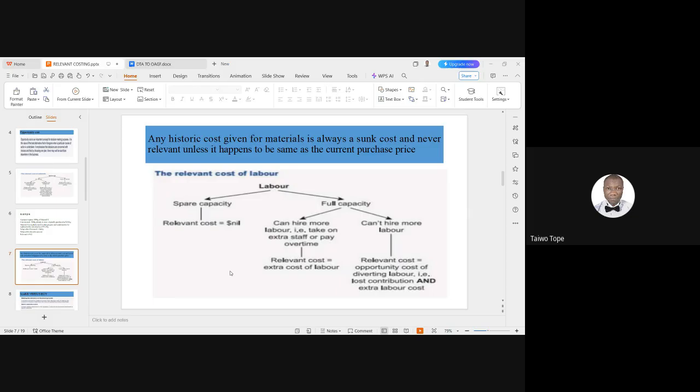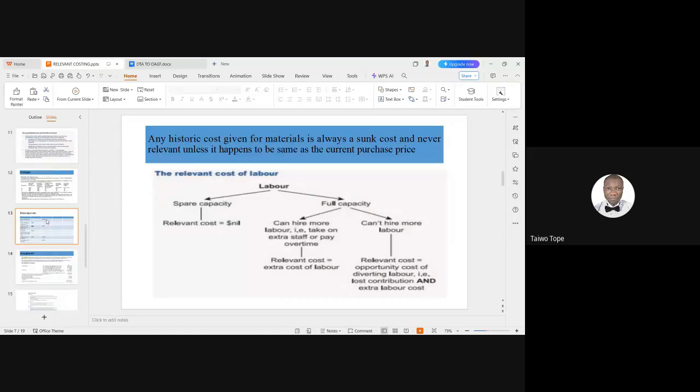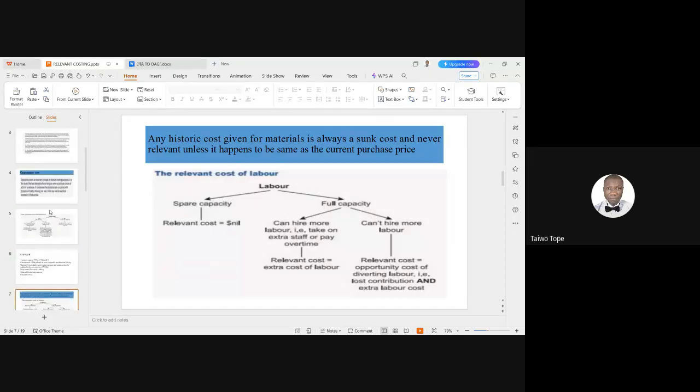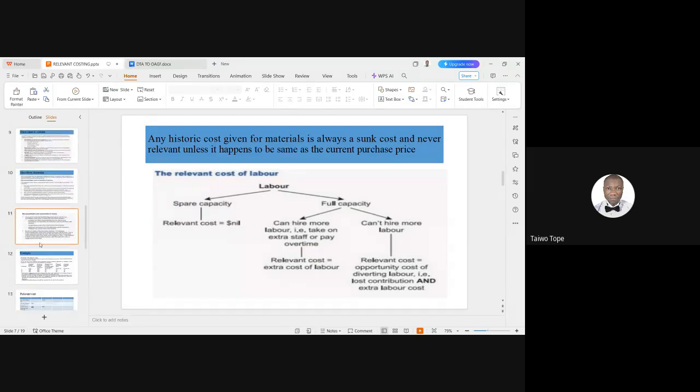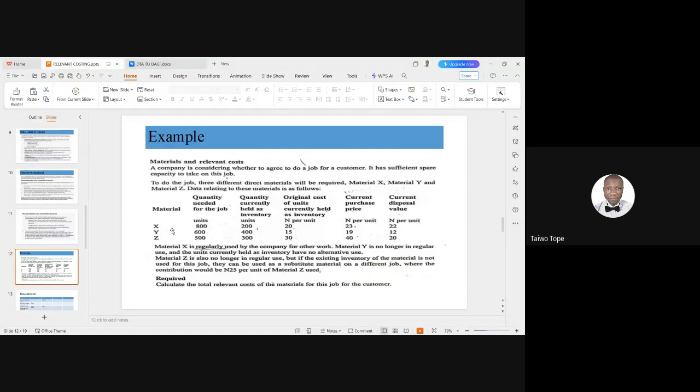All right. So let's look at an example to buttress all these points. Let's look at an examination scenario to see what is expected of us.